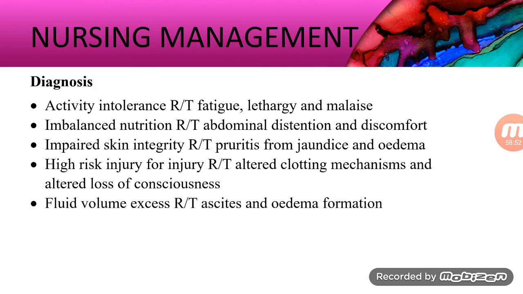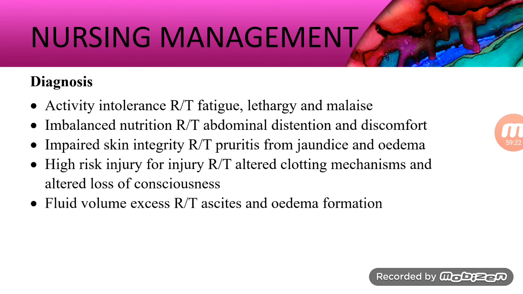Nursing management: activity intolerance related to fatigue, lethargy, malaise. Then imbalanced nutrition related to abdominal distension and discomfort, impaired skin integrity related to pruritus from jaundice and edema. Then high risk for injury related to altered clotting mechanism and altered level of consciousness.